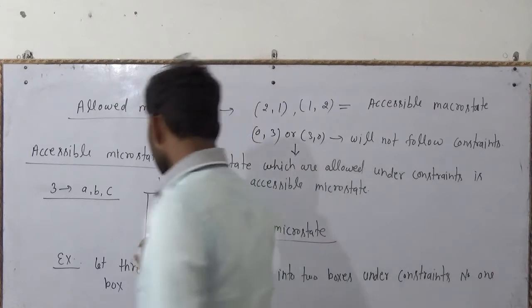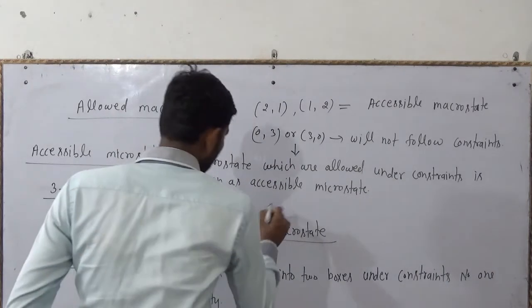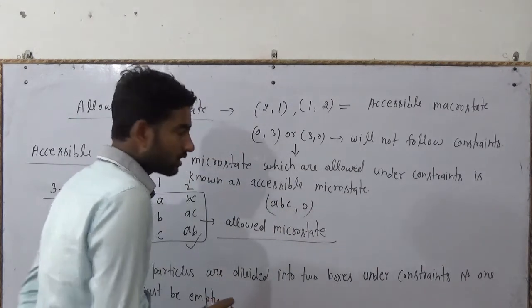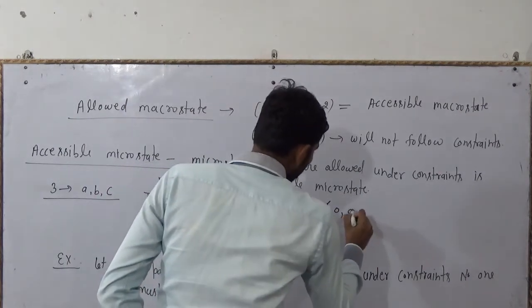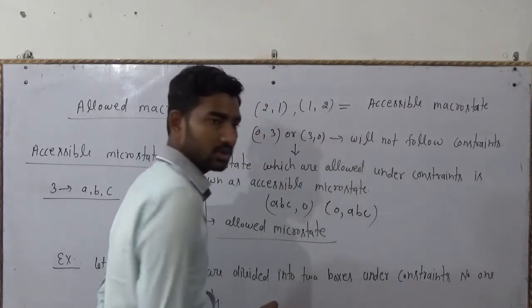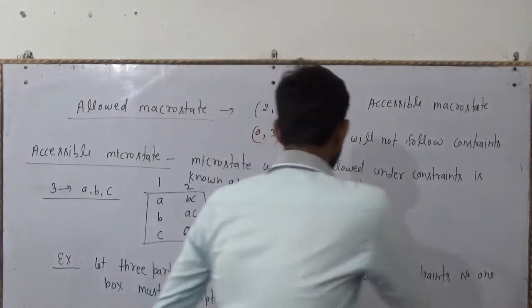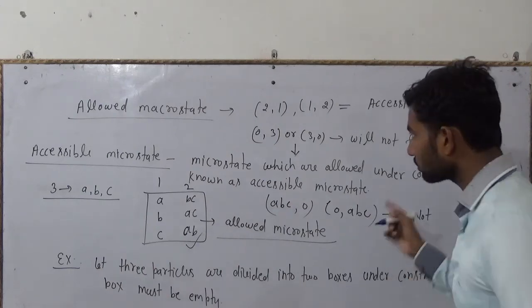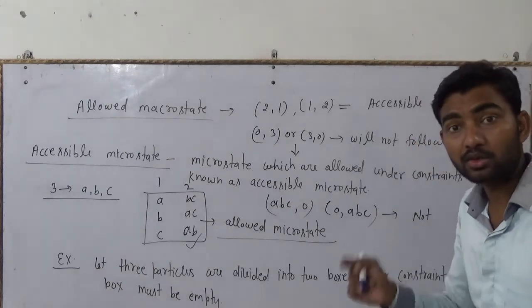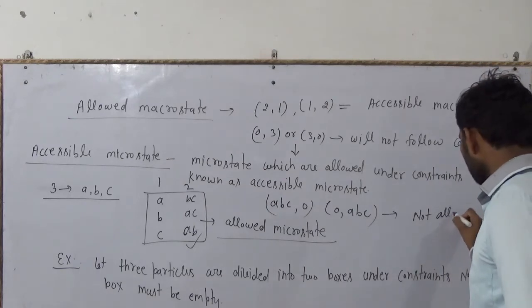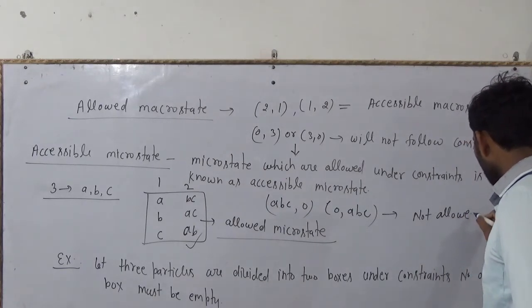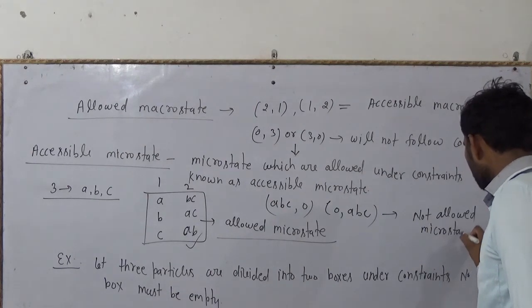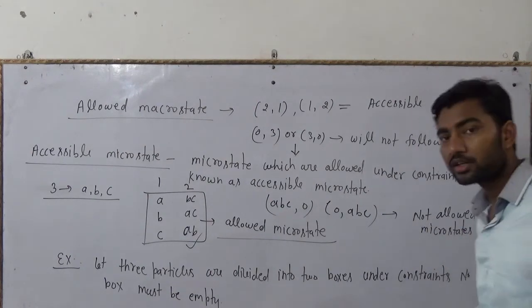But if we choose ABC, 0 or 0, ABC, then these will be not allowed microstates.